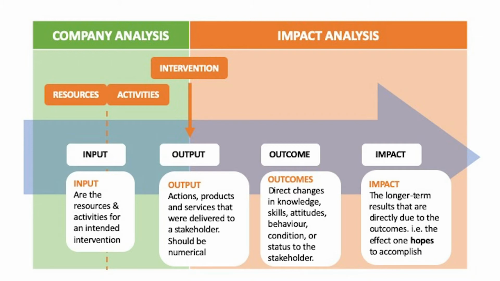Now, impact is often hard to measure since it may or may not happen, and often lies outside of the scope of your direct business activities. It is what one hopes to accomplish in the future. For this reason, impact is often harder to measure and more abstract than, for example, an outcome.